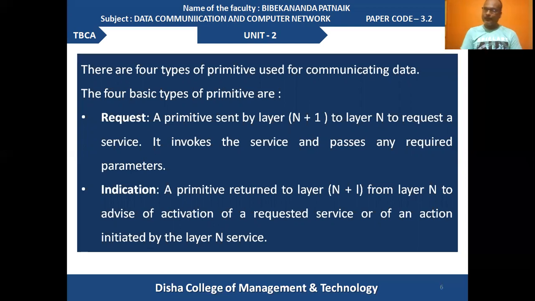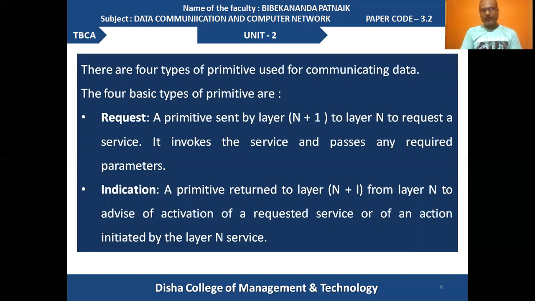Second, the indication primitive is issued by the service provider to the peer service user, in this case A and B, usually in response to the request primitive. After the request primitive is sent, the indication primitive should be provided by the service provider to indicate that the procedure or the function has been requested.